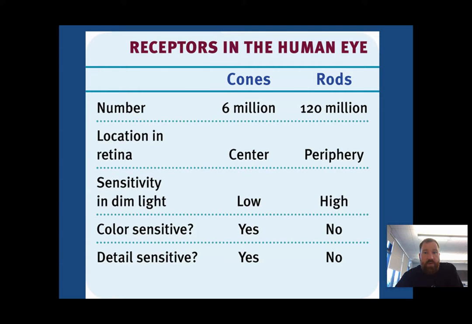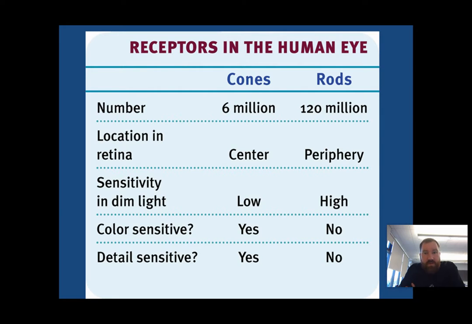Okay. So a little chart for you to use as we go through this. There are significantly more rods in our eye than cones. It's just cones are more centrally located and are responsible for the more detail and color sensitive parts of our vision. Rods, on the other hand, way more of them located on the periphery and are much more sensitive to dim light.